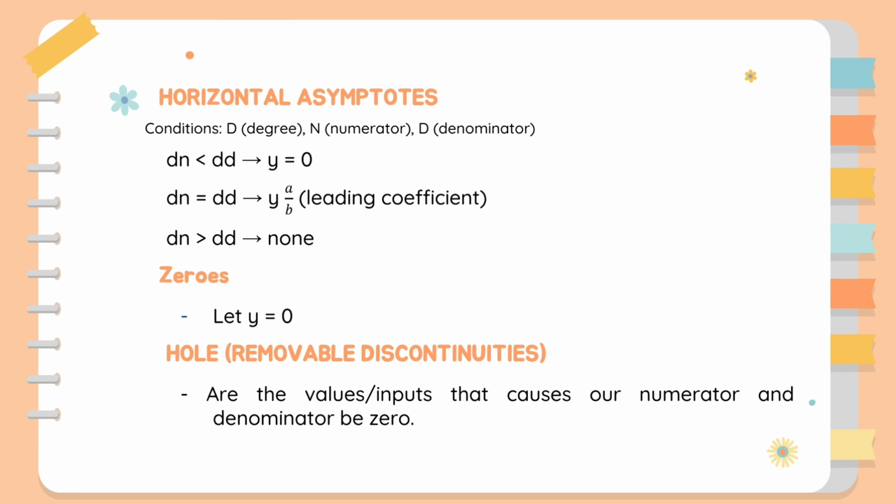Zeros: same as our x-intercept. The zeros of a function are the values of x which make the function 0. Holes or removable discontinuities are the values or inputs that cause the numerator and denominator to both be 0.